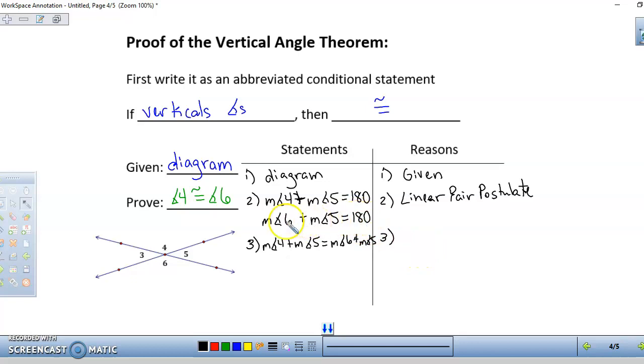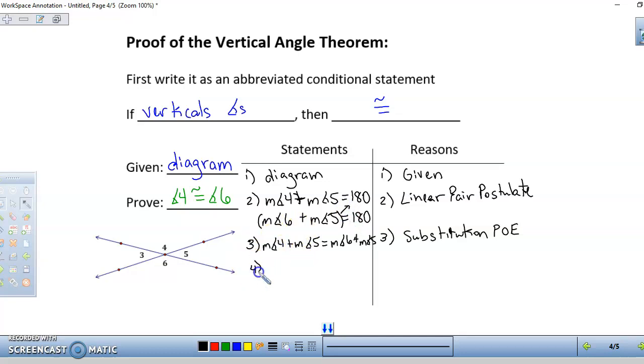Okay, and the reason we can do that is an algebra reason, which is substitution. And that's a property of equality. So basically I took this here and I just replaced it with the 180.